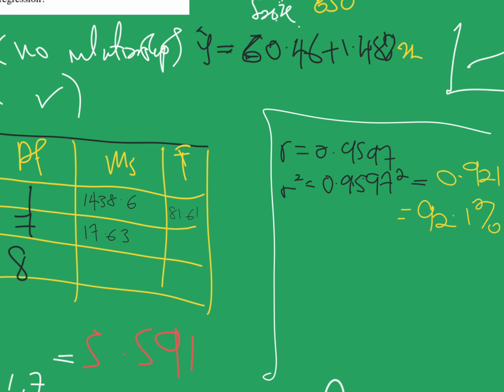So we can say that 92.1% of things that happen in the value of blood pressure are influenced by age. In other words, the model is sufficient to be used in making a prediction.